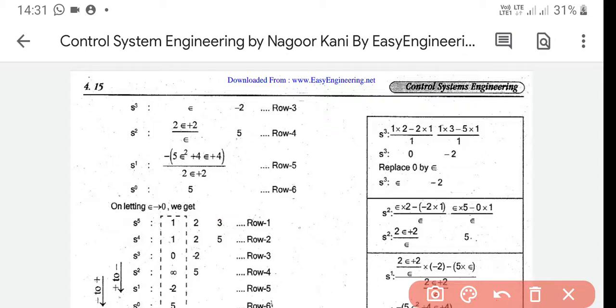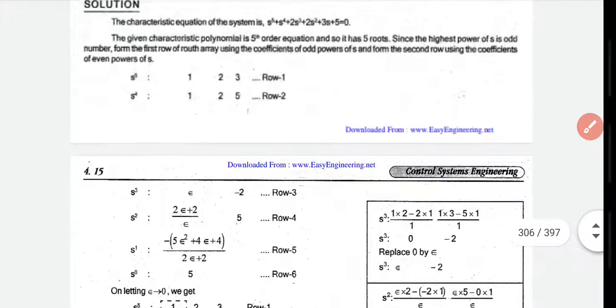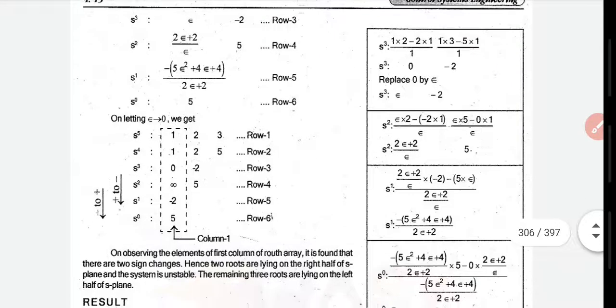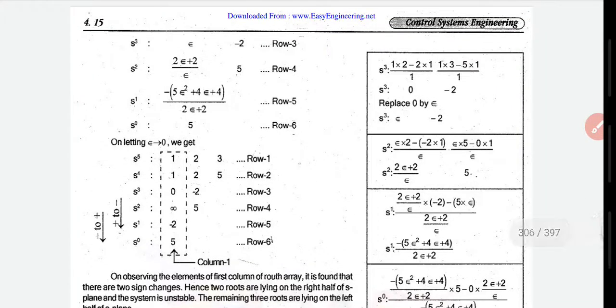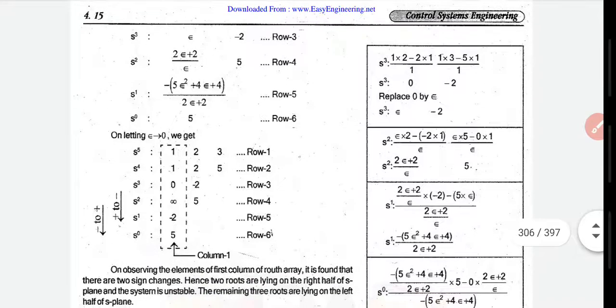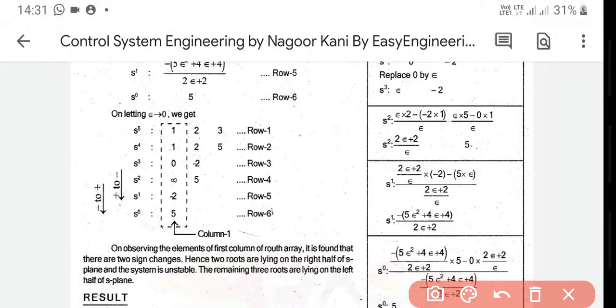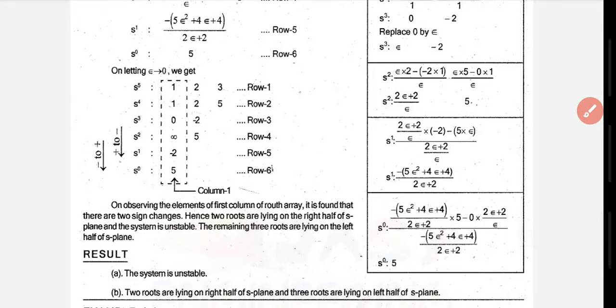What will you get? s power 5 elements are 1 2 3, s power 4 elements are 1 2 5, and s cube elements, replace with 0: 0 minus 2. s square coefficients 2 into 0 plus 2 by 0, the value is infinity, right? So infinity and 5, and next s power 1 values, here you will get the value as minus 2. Okay, and after that s power 0 value is 5.